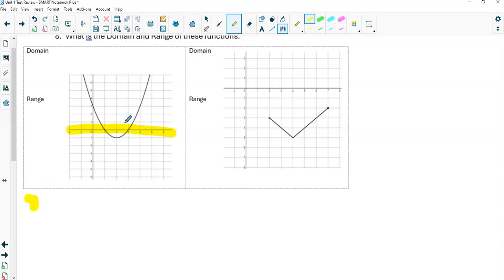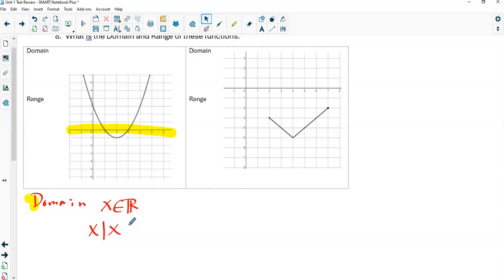So the domain will be all real numbers. So x is an element of the real numbers. Or you could write it in set builder notation: x such that x is an element of the real numbers.